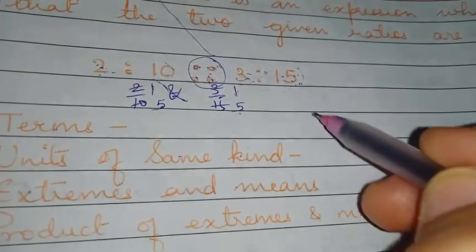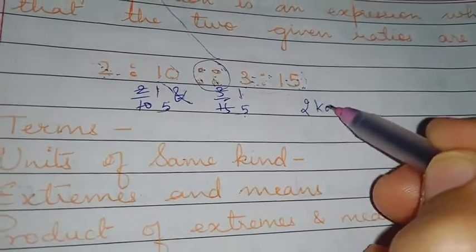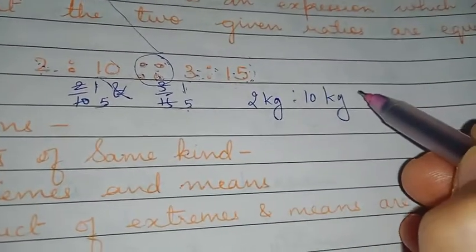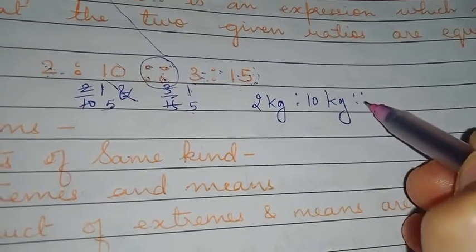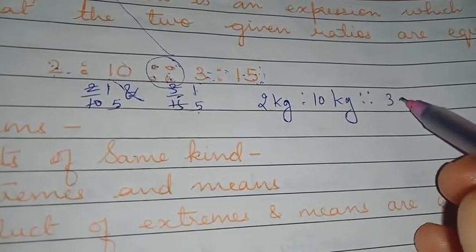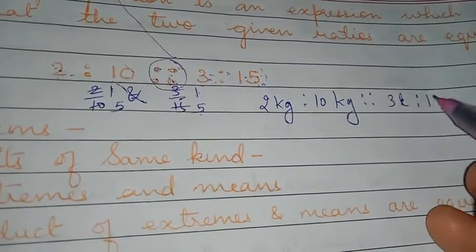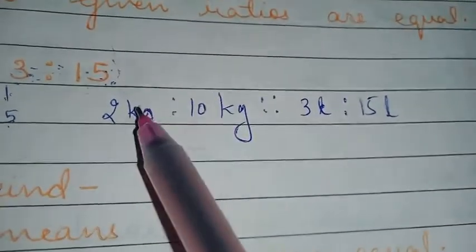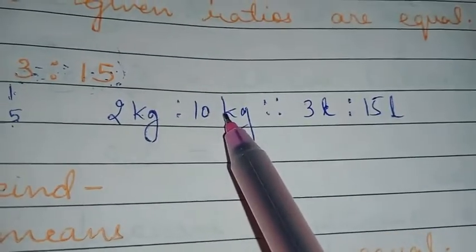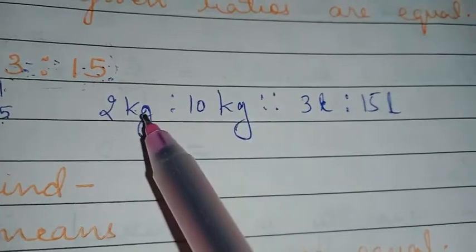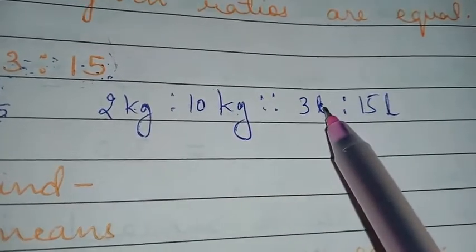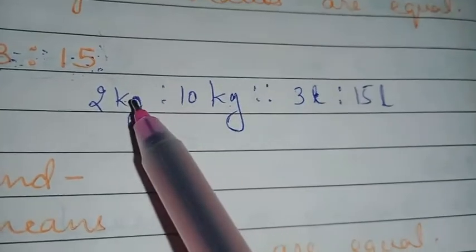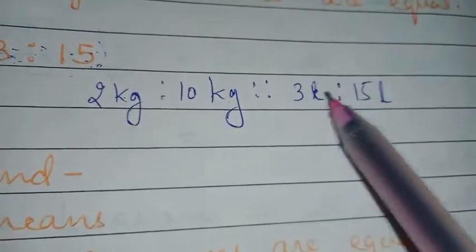For example, if I write 2 kg is to 10 kg proportional to 3 liter is to 15 liter, this is also correct. Why? First term and second term should have same units, and third term and fourth term should also have same unit. Means here kg is alright and here liter is alright.